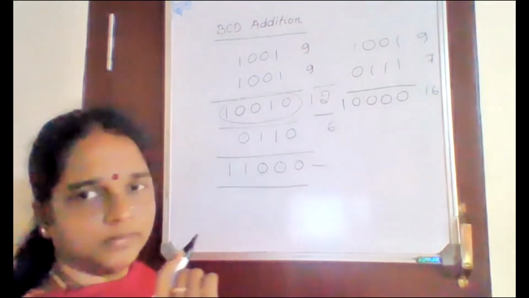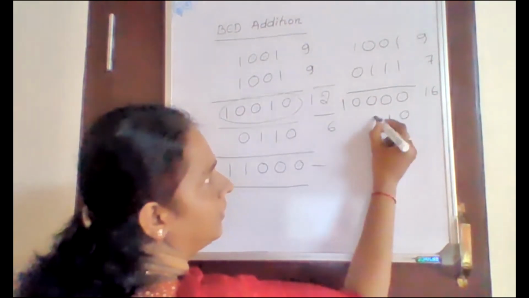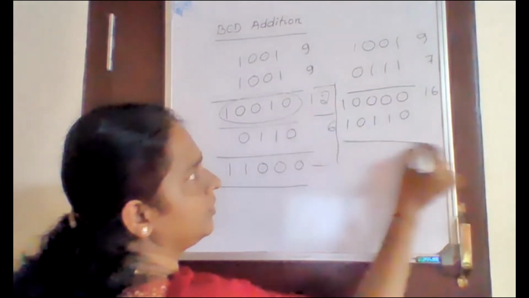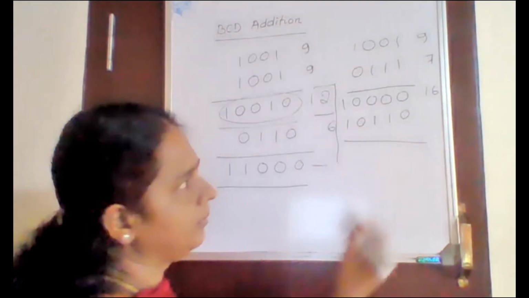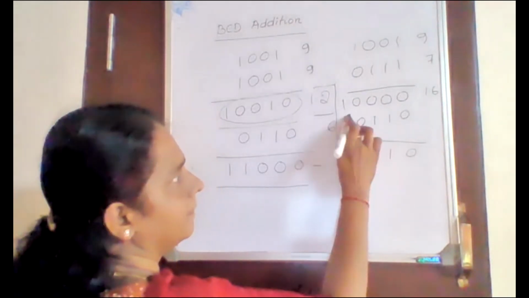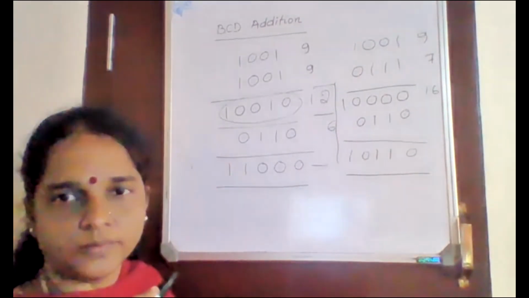You are getting this value, but this is not correct. So you have to add 6 to this 4-bit group, so that this becomes 1, 0, 1, 1, 0.